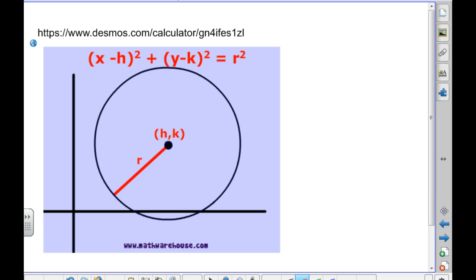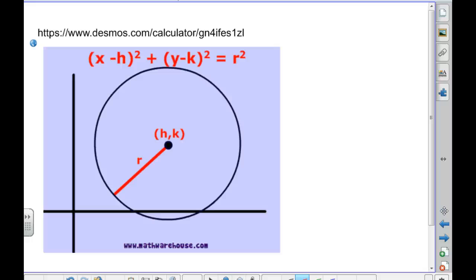Now, this is just kind of an aside. It's kind of fun. You can't graph these nicely on your calculator because they have an x squared and a y squared. Everything we graph on our calculator, we have to get in y equals form, or we have to use parametrics, and it gets really messy. You can graph circles, but you have to put half a circle in y1 and the other half in y2.